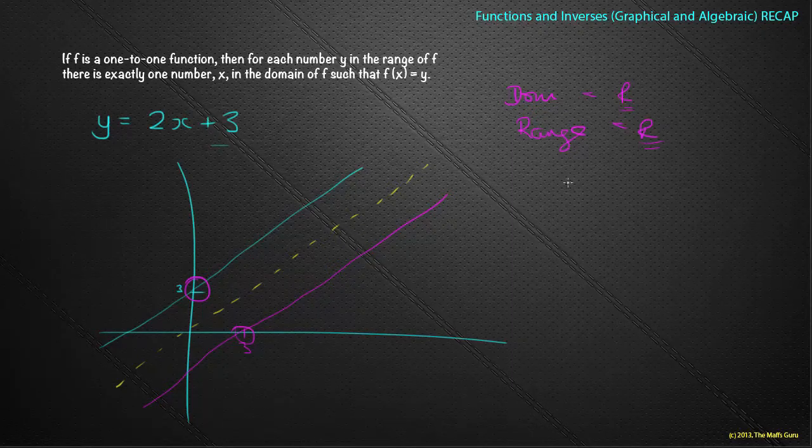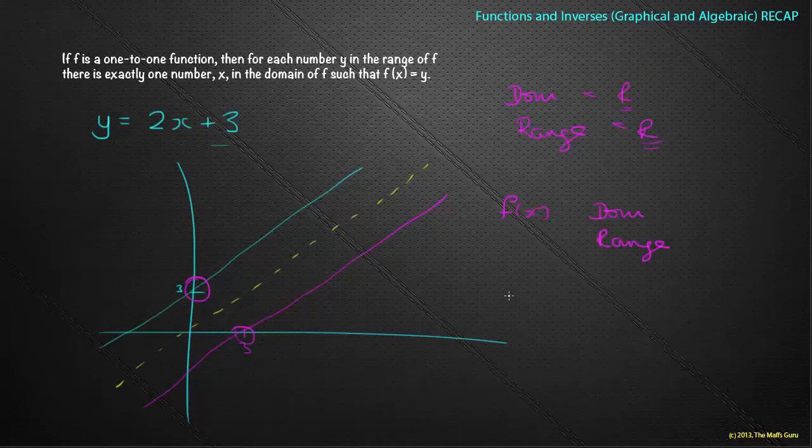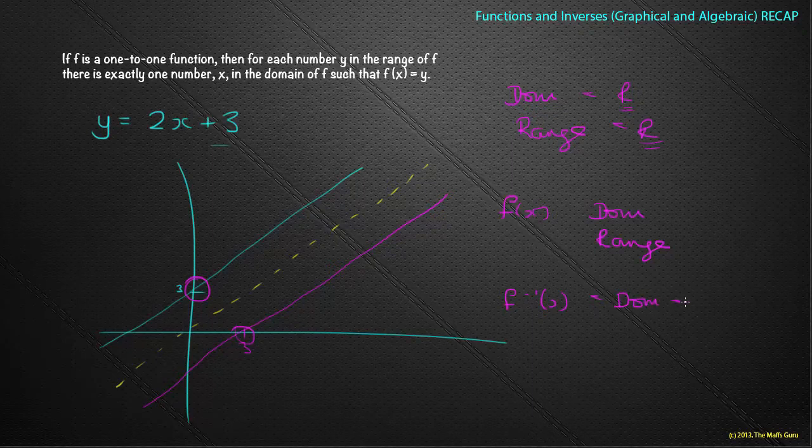No big deal. But what we'll later on find out, and perhaps one of the key learning points here, is that if you have a function of x where you have the domain and the range, then when you have the inverse, the domain of the inverse is equal to the range of the function.